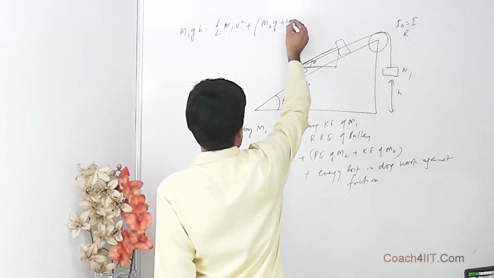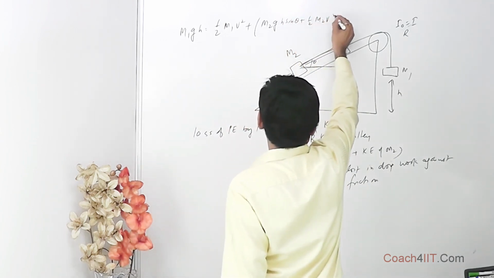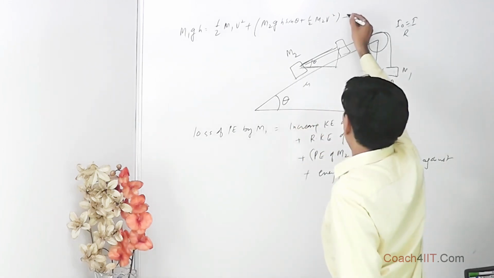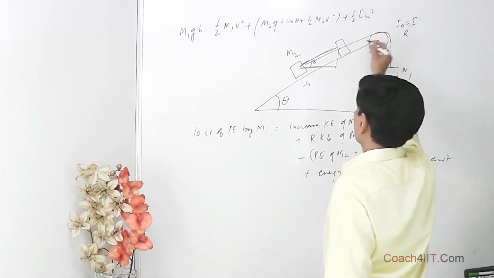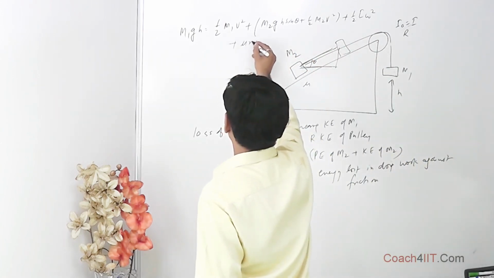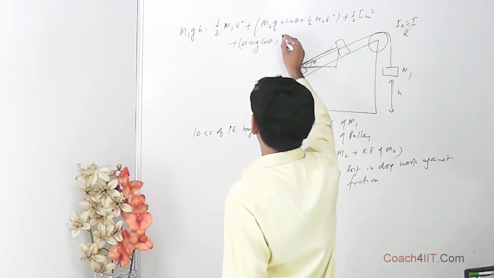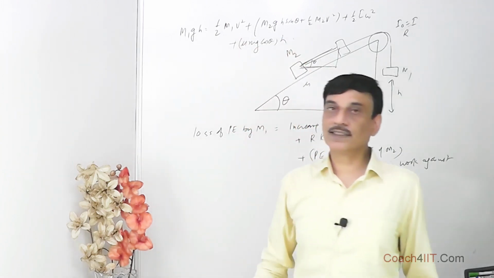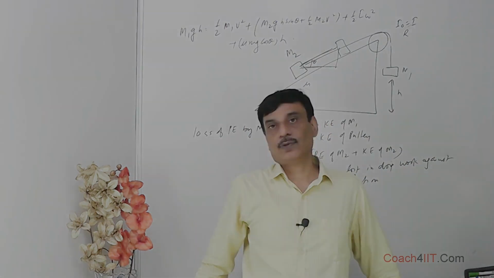So m2g h sin theta plus half m2 v square plus half I omega square, the rotational energy of this, plus mu m2 g cos theta, the friction force, into this distance h. We can write this equation, put in the values that are given, and accordingly we can get the answer.